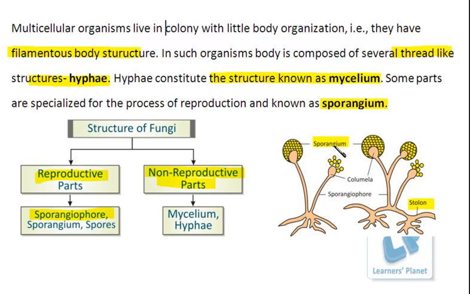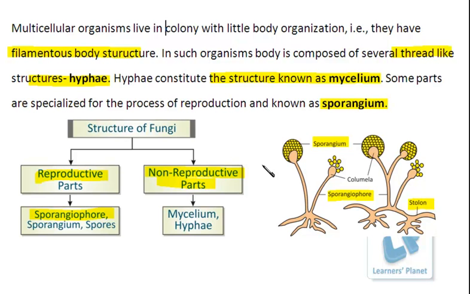So this sporangium bearing a stalk is known as the sporangiophore. Fine. Inside this sporangium there are spores, and these spores are actually meant for the reproduction process. So this is how these organisms reproduce, by the process of spore formation.